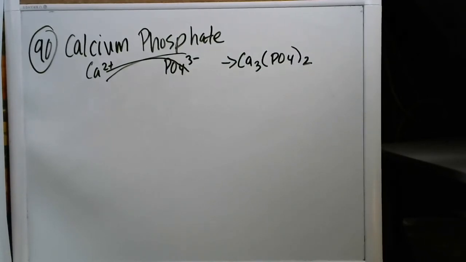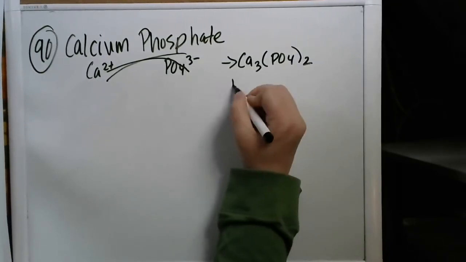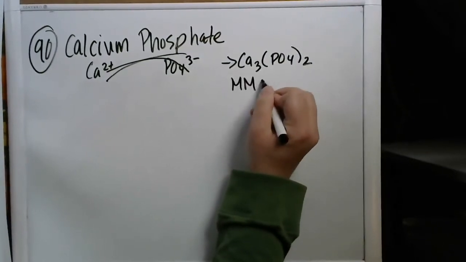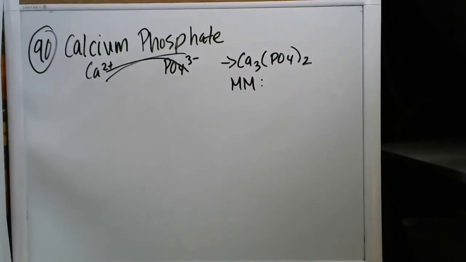I'll also need to know, to answer the questions that are in this problem, what the molar mass of calcium phosphate is. All right, so I'm going to do some calculator things real quick and find out the molar mass.